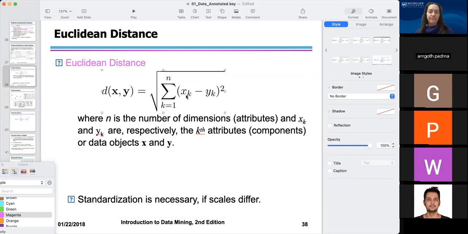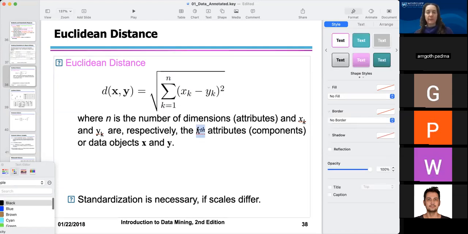If they have two attributes, then we are dealing with two-dimensional space, and K is going to be equal to 2. So K here is the number of attributes that we are having to measure. And then we're going to subtract the value for the first attribute of one object from the value for the first attribute of the other.